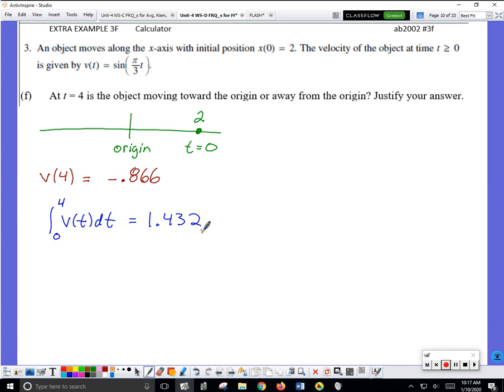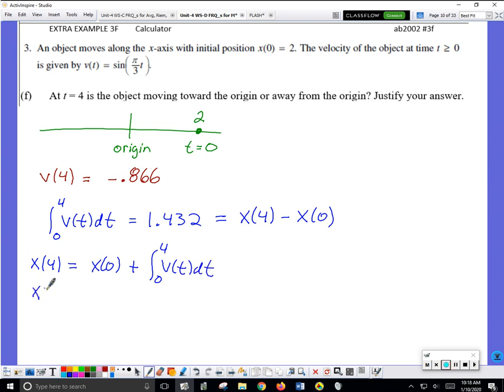So the fundamental theorem said this is equal to your change in position, x of 4 subtract x of 0. So if I want to find x of 4, all I have to do is say x of 4 must equal whatever the position is at time 0 plus how much the particle's position changed, like that.